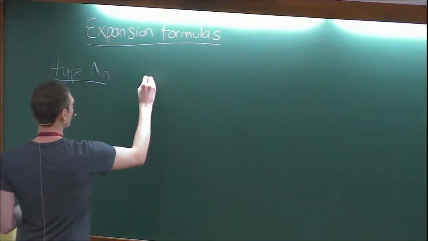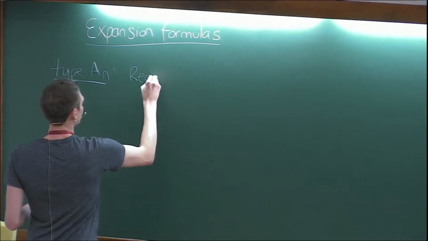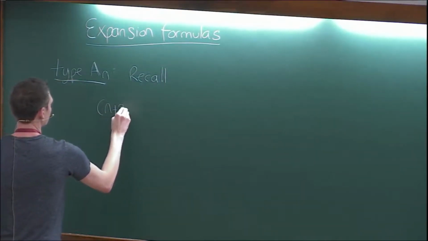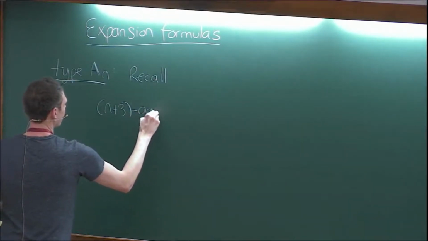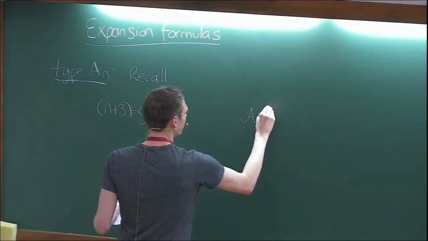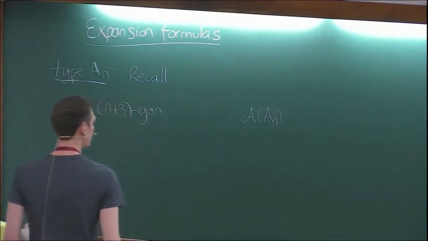So in particular, recall the following. If we look at the n+3 gon, we can equivalently be looking at a cluster algebra of type AN.